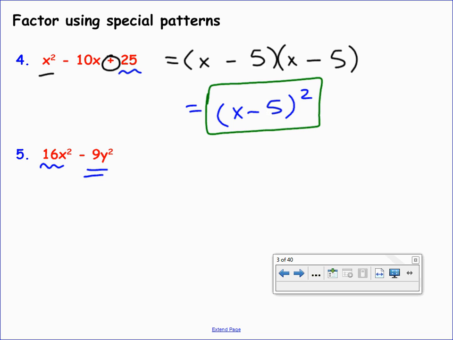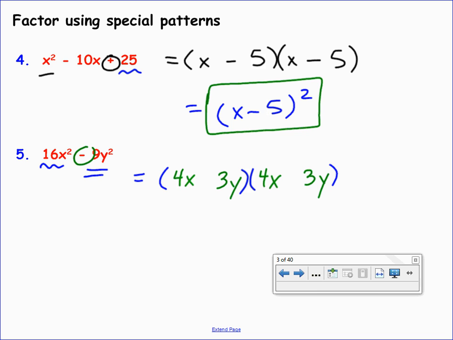All right, stop. Think. GCF? No, there's no common factor hiding inside each of those. Let's go ahead and make our parentheses pair then. What times itself equals 16x squared? Oh, 4x and 4x. What times itself equals 9y squared? Well, 3y and 3y.